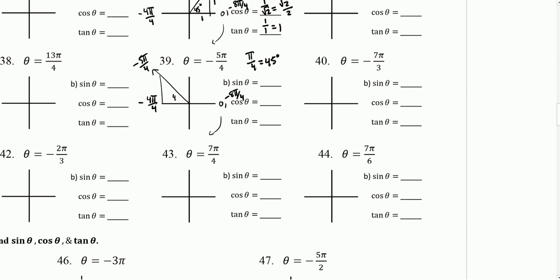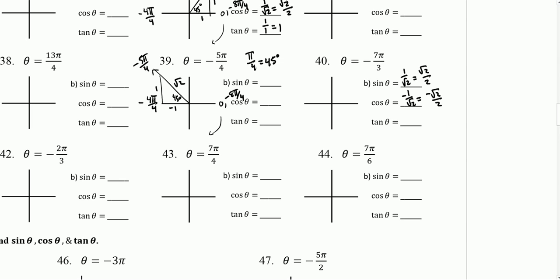So we have a 45-degree reference angle, make this -1, +1, and √2, because in quadrant 2, x is negative, y is positive. So the sine is going to be +1 over √2, multiply top and bottom by √2. Cosine will be -1 over √2, which simplifies to -√2 over 2.